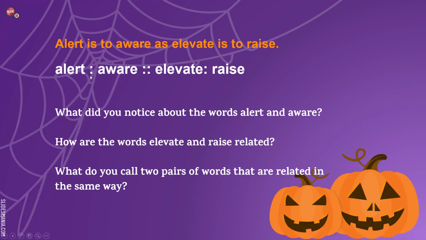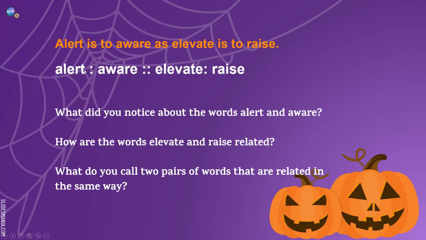Now, let's figure out how exactly we work an analogy out. So in the learning goal and the success criteria, we said that we're going to look at these first two words and see the relationship. So what did you notice about the words alert and aware?